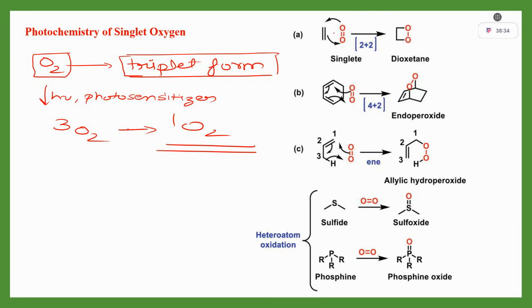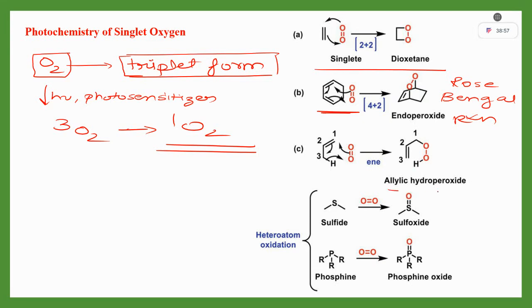Singlet oxygen can undergo 2 plus 2, leading to formation of dioxetane. It can also undergo 4 plus 2 cycloaddition, your famous Rose Bengal reaction. It can also undergo the ene reaction.